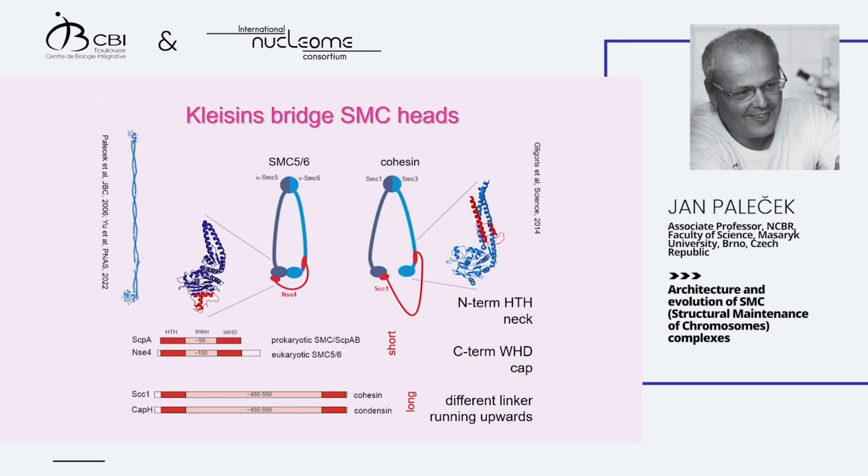So here are the arms, here is the head, this is the neck, this is the bottom. This is common for all the kleisins, but they differ in the length of the linker region which connects these two domains. And you will see it will become important on the next slides.